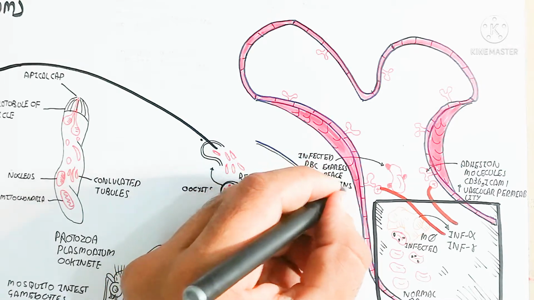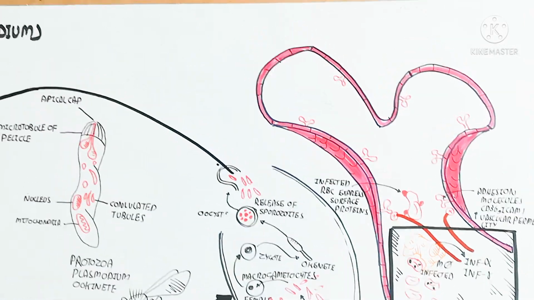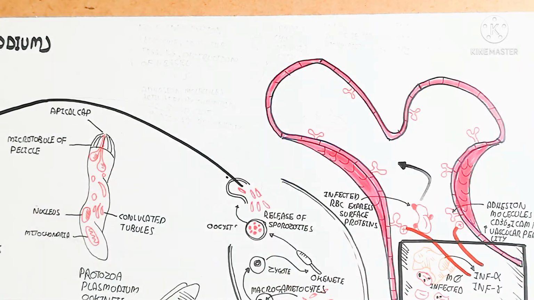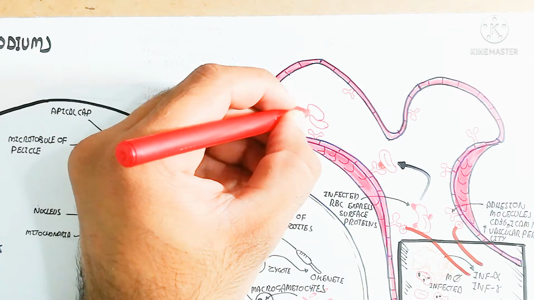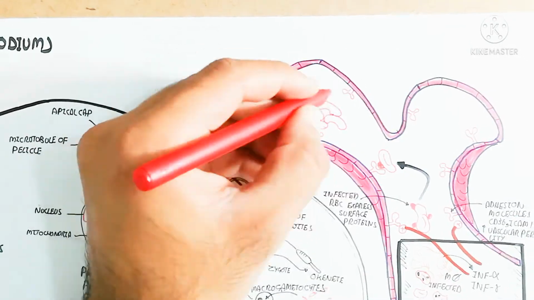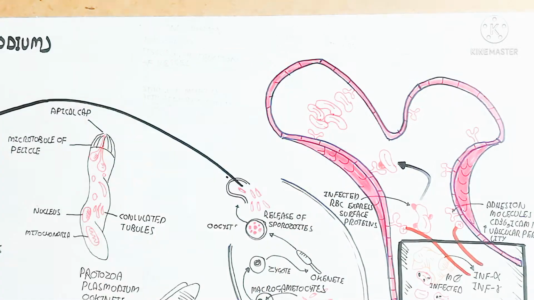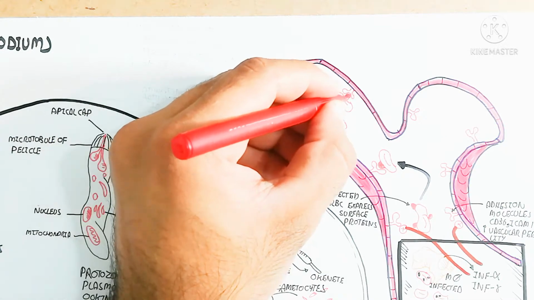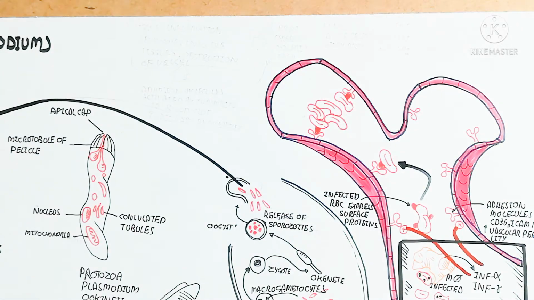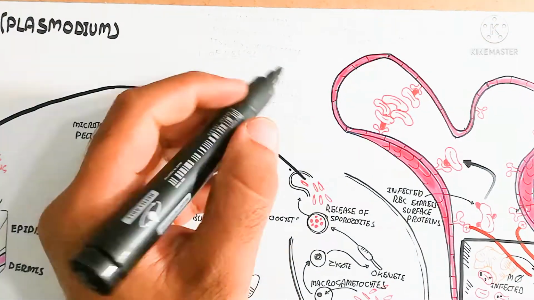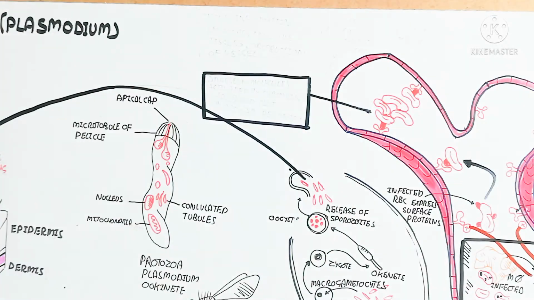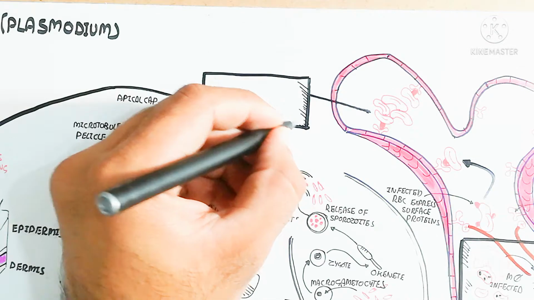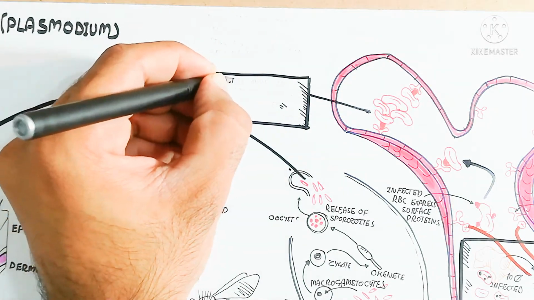Here the infected red blood cell expresses a surface protein. The surface protein will bind with the receptor and adhesion molecule, which is activated by thrombin to form a blood clot, and vascular permeability will be increased.